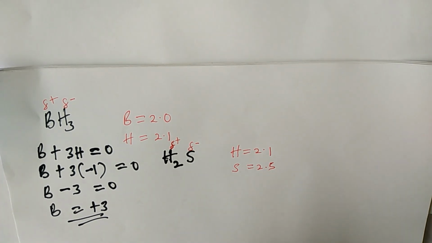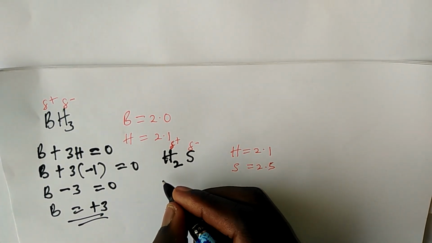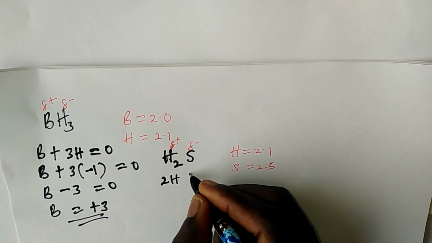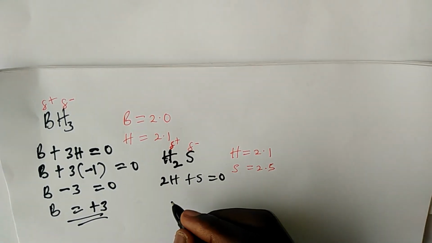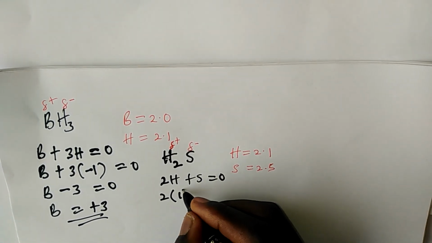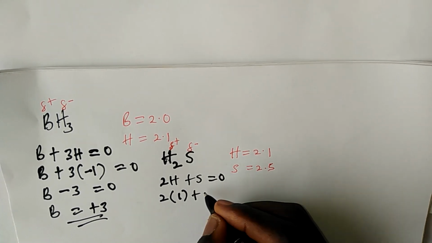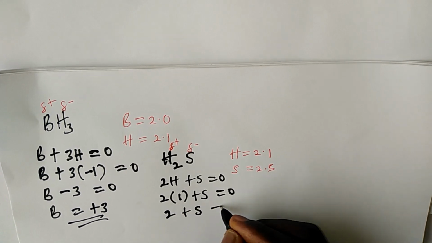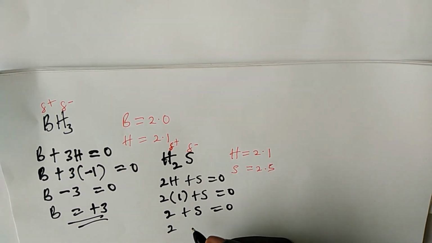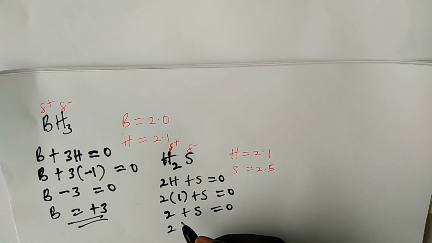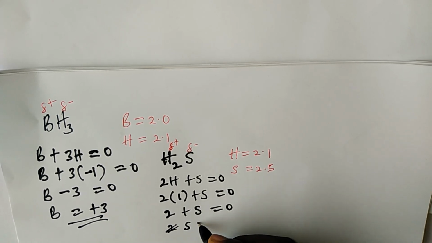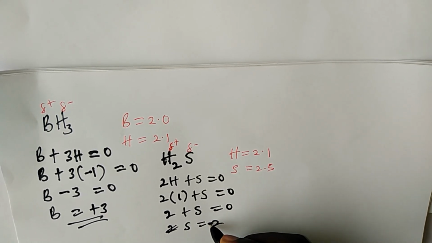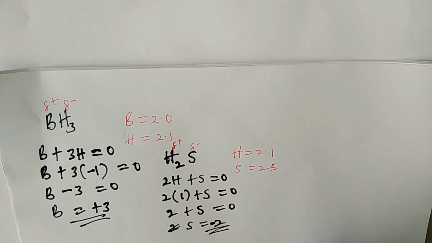Therefore, we say 2H plus S is equal to 0. 2 bracket 1 plus S is equal to 0. 2 plus S is equal to 0. Sorry, S now is going to be equal to minus 2. So sulfur is having an oxidation number of minus 2.